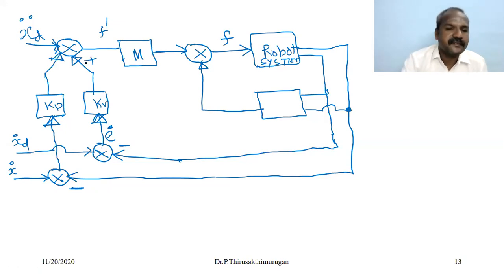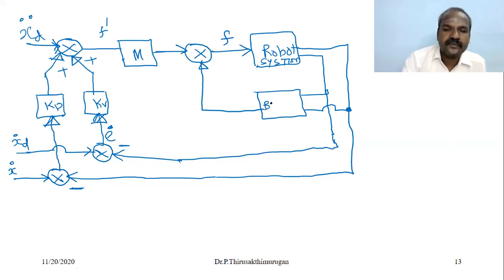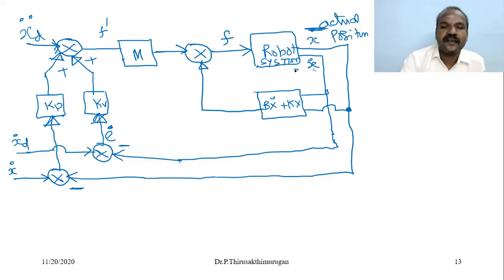This plus, this also plus. Clear? So what is this? B times x dot plus k times x. So this is x, this is x dot. So this is actual position. This is actual velocity. Understand?